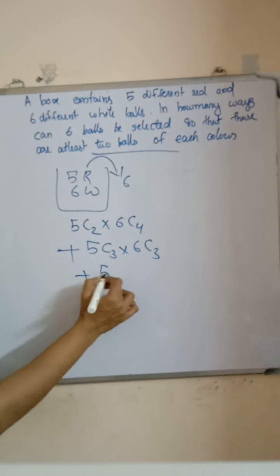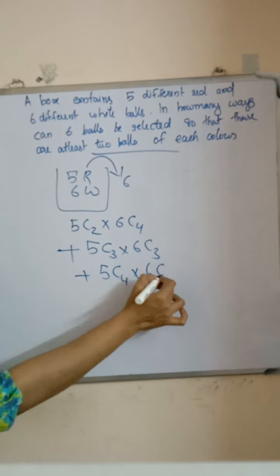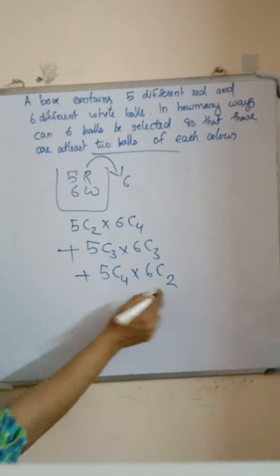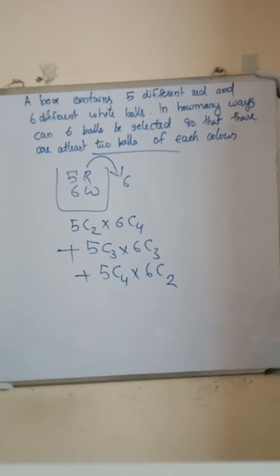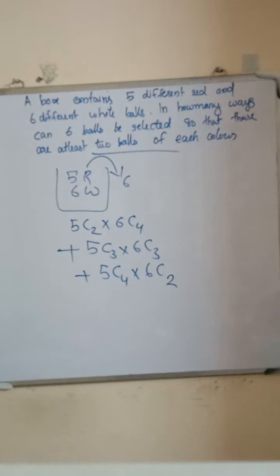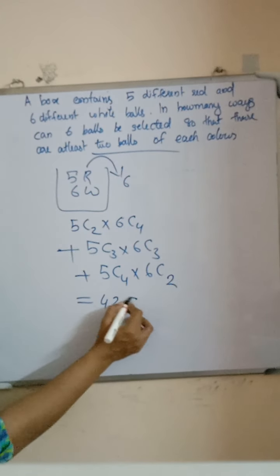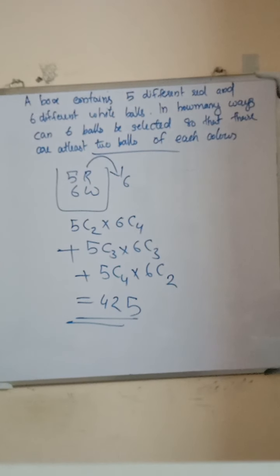Or we choose 5C4 into 6C2, that is 4 red balls and 2 white balls. These are the 3 ways. So the total number of ways is 5C2 into 6C4 plus 5C3 into 6C3 plus 5C4 into 6C2. So in total 425 ways we can select the 6 balls.